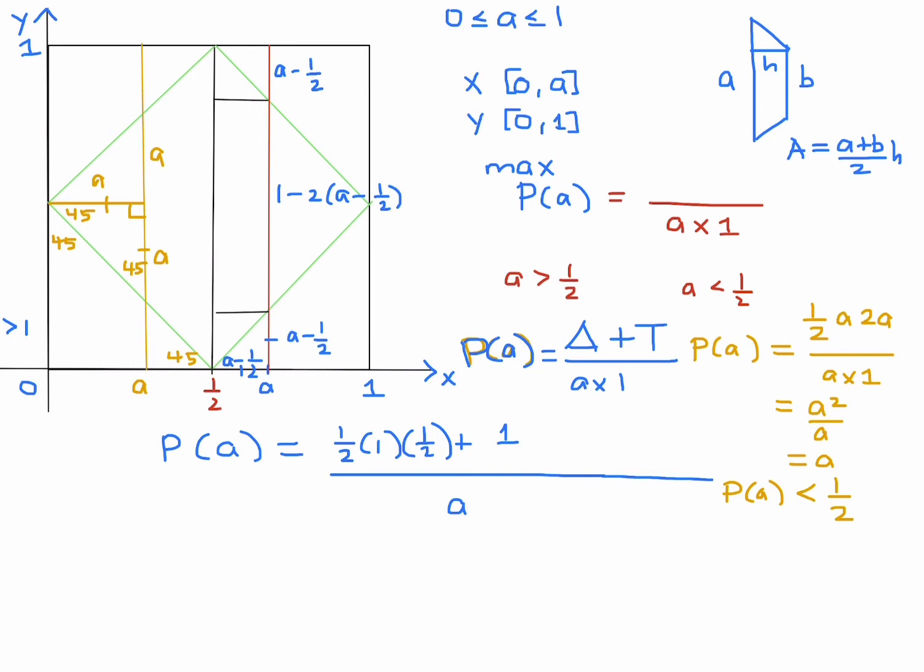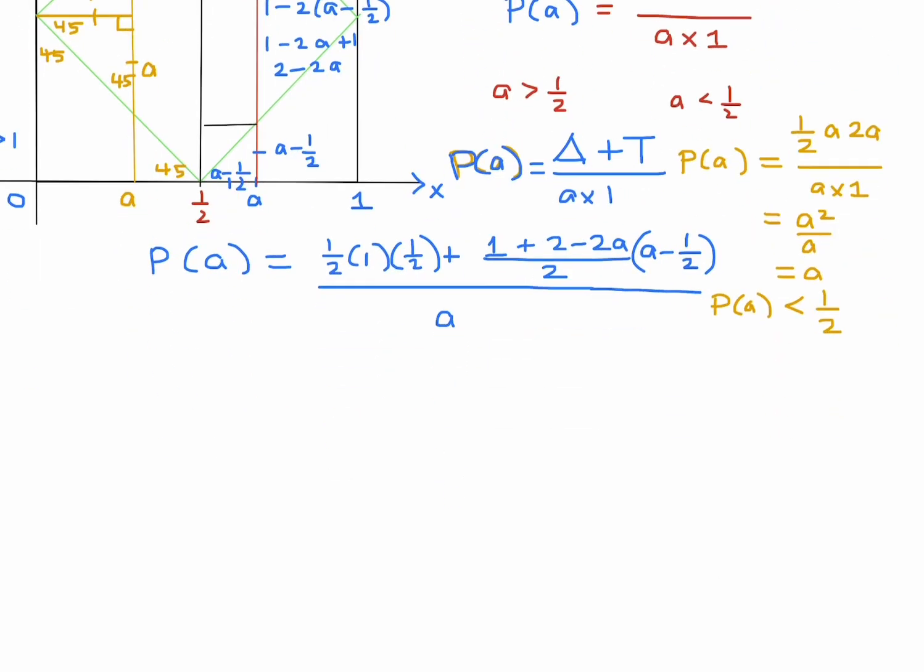So that's just going to be 1 minus 2A plus 1. So that's 2 minus 2A. All right. So plus 2 minus 2A all over 2, and then multiply by the height. The height is from here to here, and that is A minus 1/2. All right, this is the equation we have to simplify and maximize. So here we go.